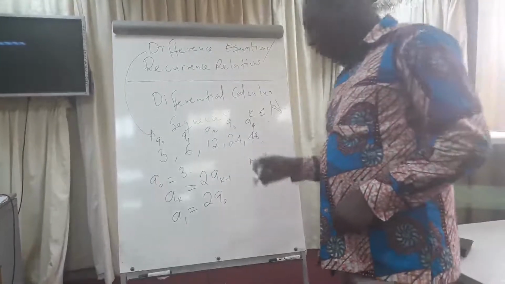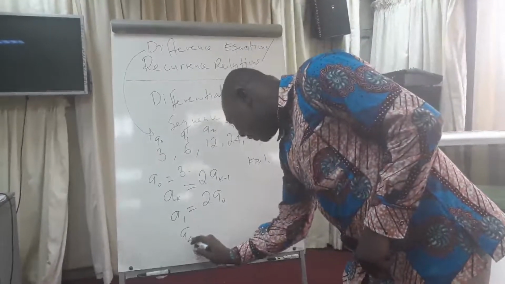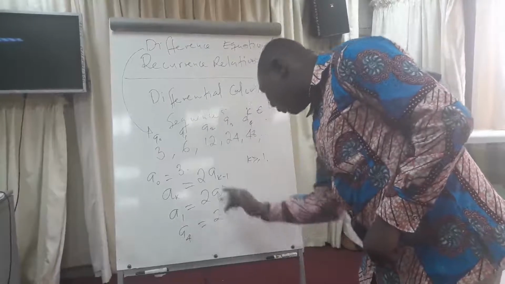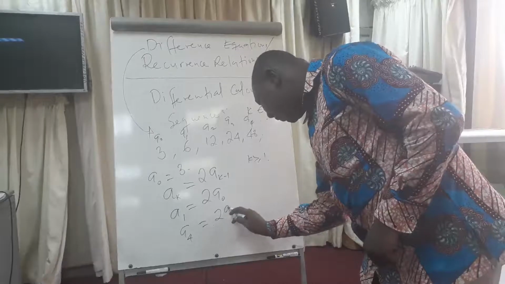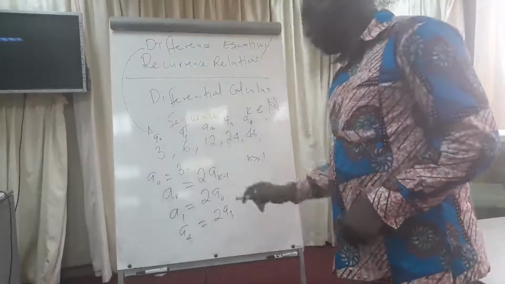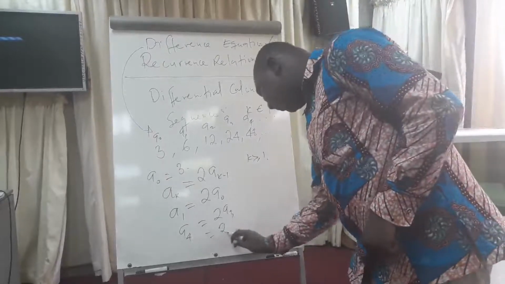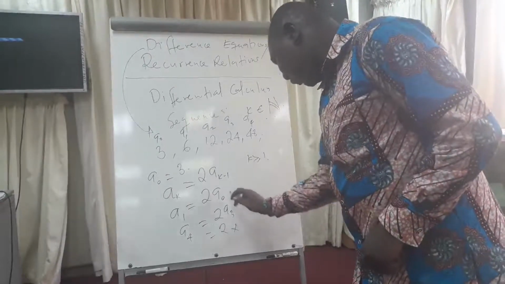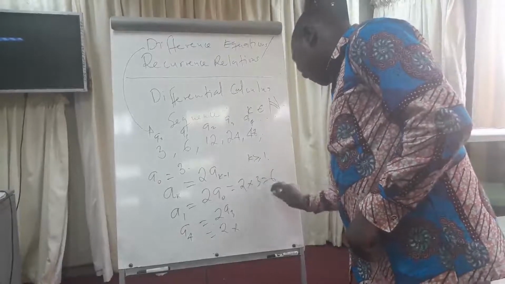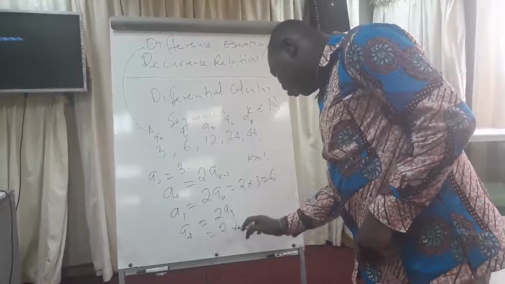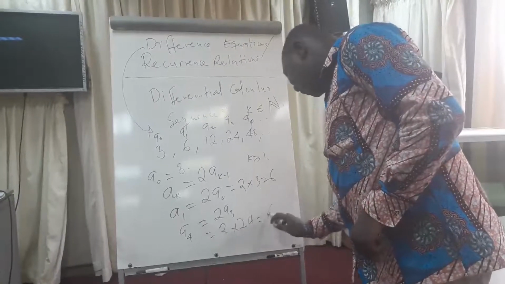And so if k is equal to 4, it simply means we have A subscript 4 is equal to 2 times A3. And A3, we already know to be 24. So this is equal to 2 times 24, which is equal to 48.